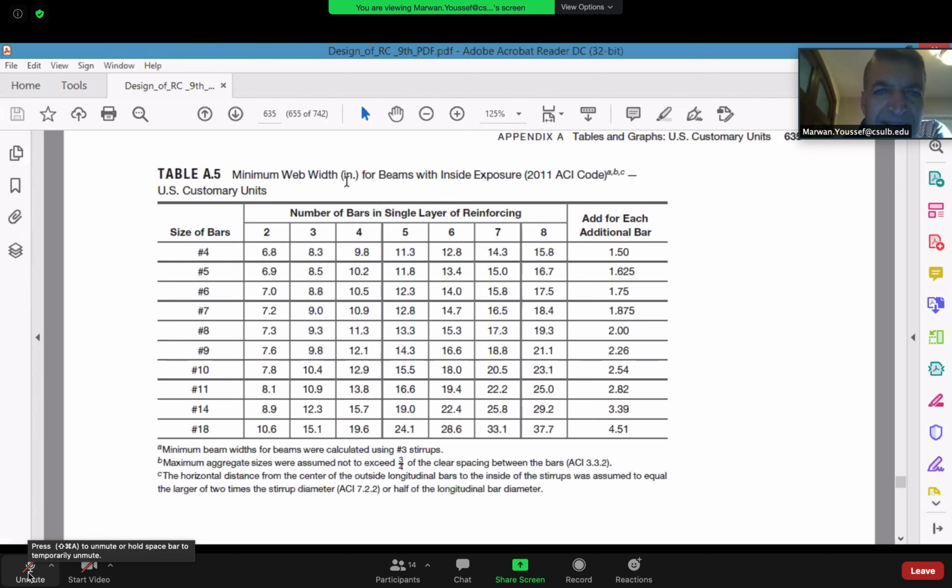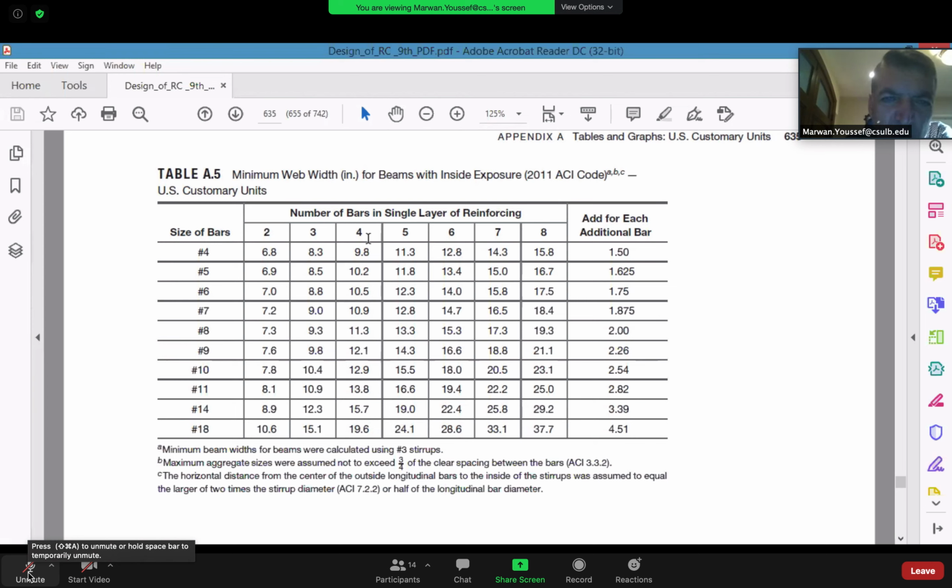Minimum web width, inches, for beams. Remember we covered that. Let's say you want to know what is the minimum width of a beam that's gonna fit the number of bars you selected. So for example, if you choose 4 number 6 bars, the minimum beam width you need is 10.5 inches. See, minimum beam web width is in inches.